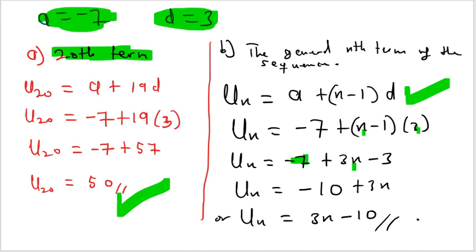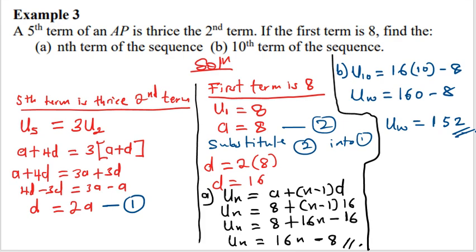So negative 7 minus 3 gives us negative 10 plus the 3n. So our Un is going to be equal to 3n minus 10. And that is the nth term of the sequence. Alright, so let us move on to the next example, which is example 3.